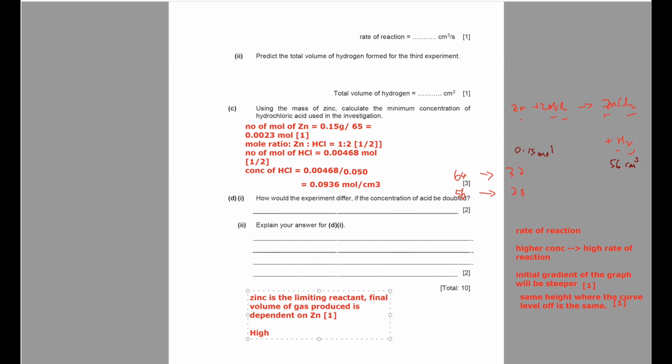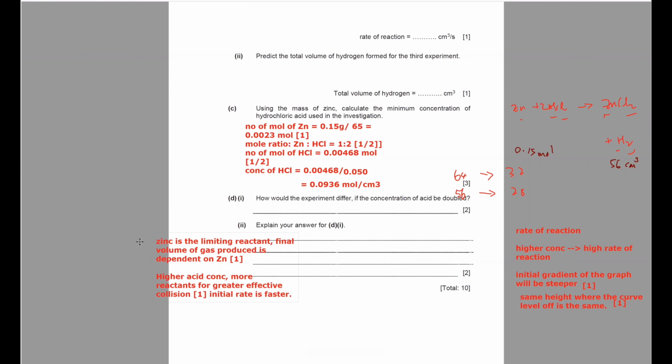Then higher acid concentration means there are more reactants for greater effective collision. So the initial rate will be faster. So this is for D part 2.